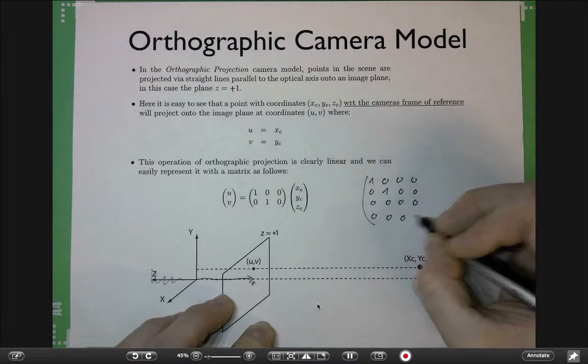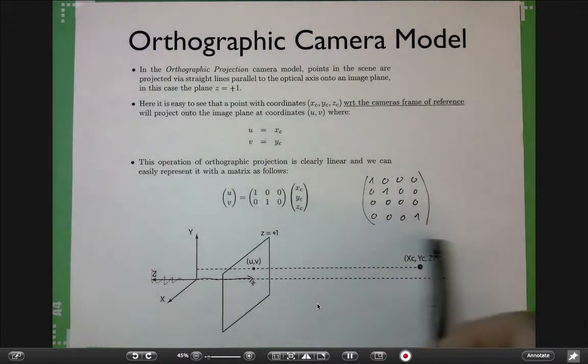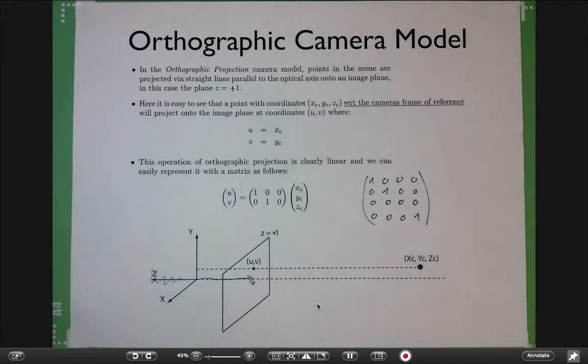Or no magic, I just discard the z. That's what happens there. So this would be the orthographic camera matrix in homogeneous coordinates. If you are programming in OpenGL, then these matrices are exactly what you are passing to the graphics pipeline, except that maybe the conventions might be slightly different.